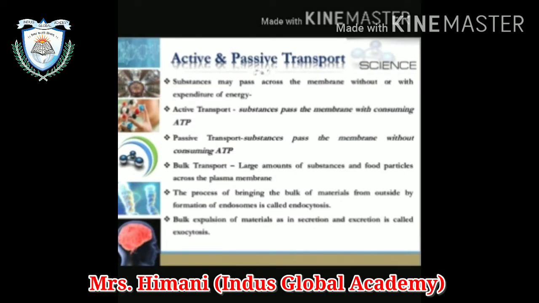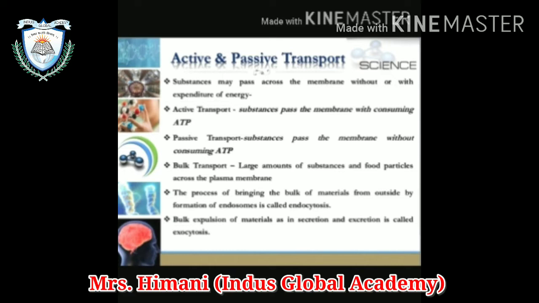Now, active and passive transport. Substances may pass across the membrane without or with expenditure of energy. There are three types of transport: active transport, passive transport and bulk transport. In active transport, substances pass the membrane by consuming ATP. In passive transport, substances pass the membrane without expenditure of ATP.